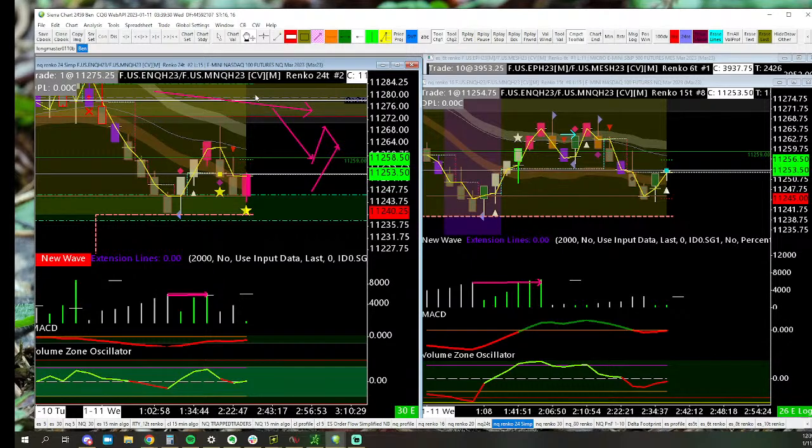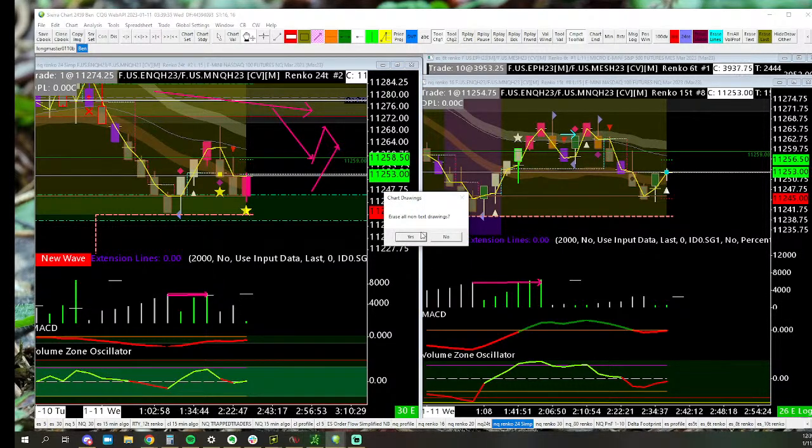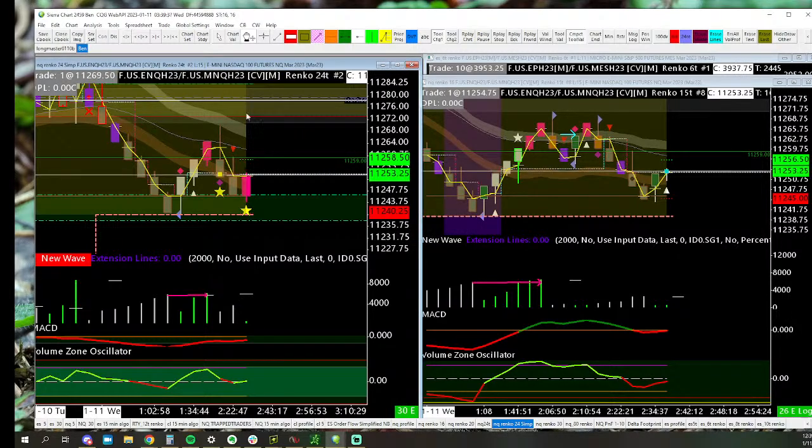I'm also cool if we break that one. Hold on. If we break this and close above it, and then we do something like that, I'll buy this one too, as long as it's a higher low to this one, right? But what I would prefer is first to break this low and make a lower high and then make a higher high.